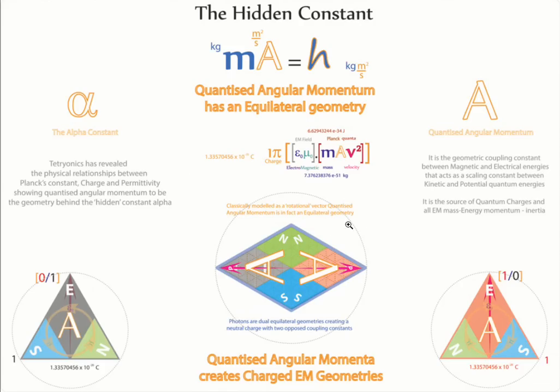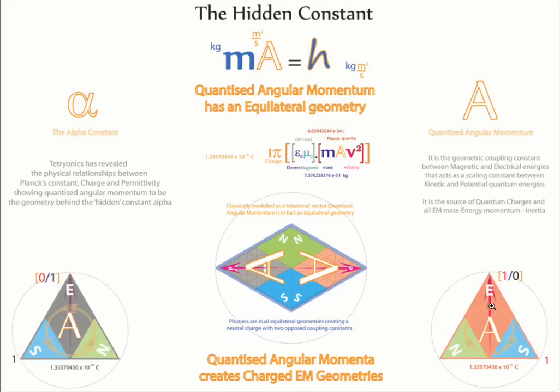It's been hidden within Planck's constant since its development, because Planck's constant has been expressed as h. And in fact, many textbooks will frown upon you separating it out as an expression of mass quantized angular momentum, or angular momentum particularly. And again, it is not angular momentum, it is quantized angular momentum. It has the same units, but it is an equilateral geometry, not a vector rotation about a point.